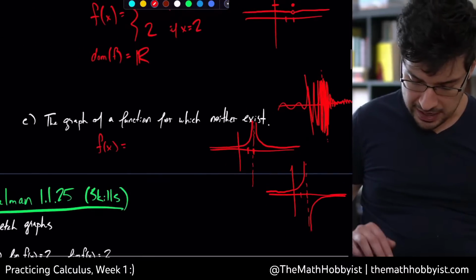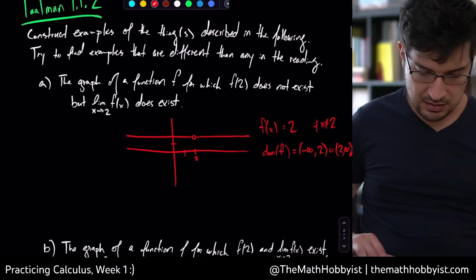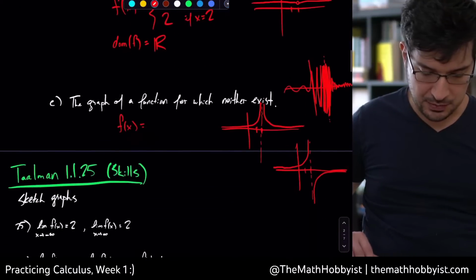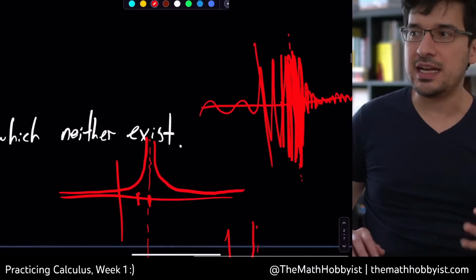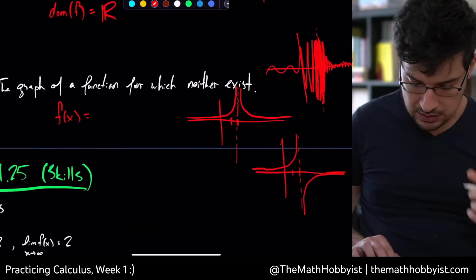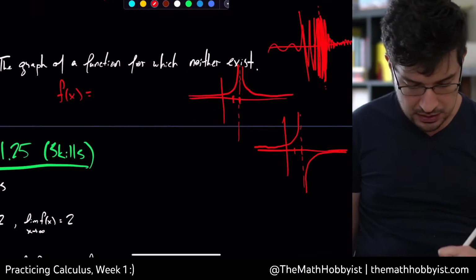So there's another graph. There are 3 different graphs, and this thing is only asking for the graph, so I'm not going to try to come up with an example of a function for that one. But at least for these others, I think I could get one.